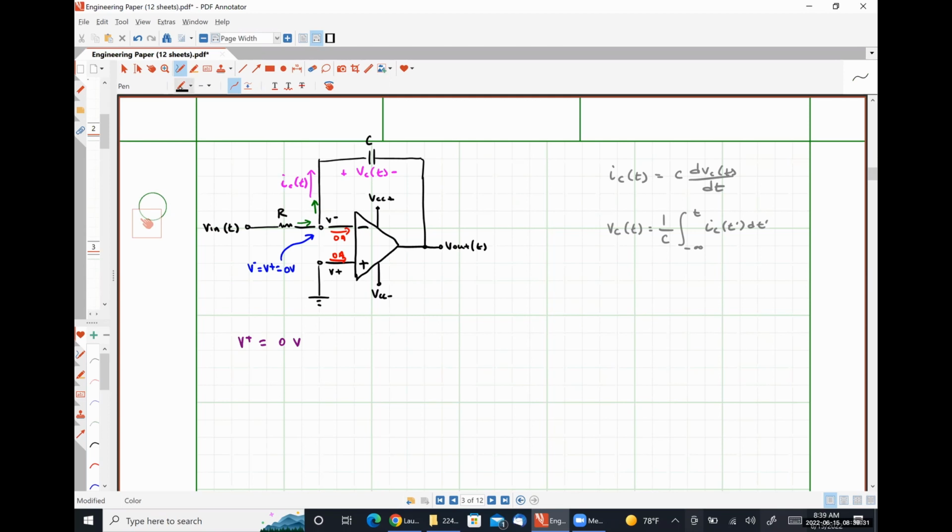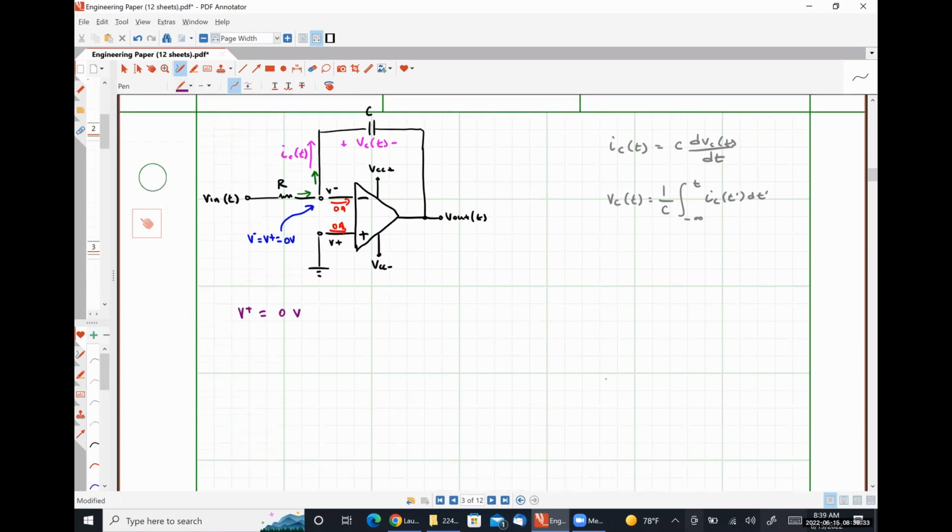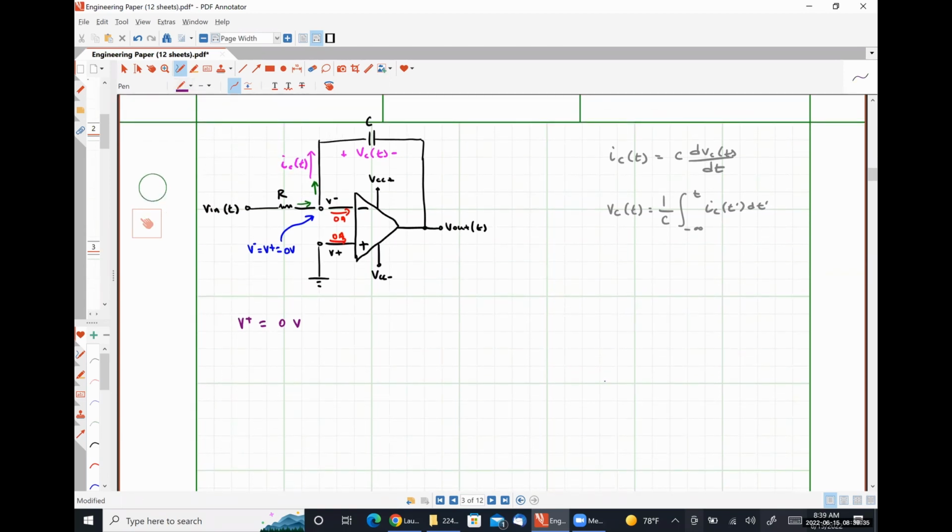So using that representation of KCL, I would have Vn of T divided by R is equal to IC of T.